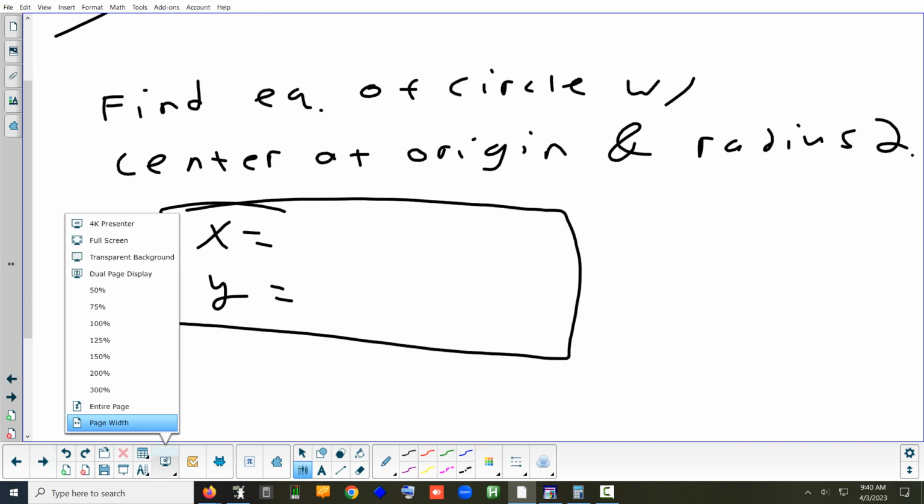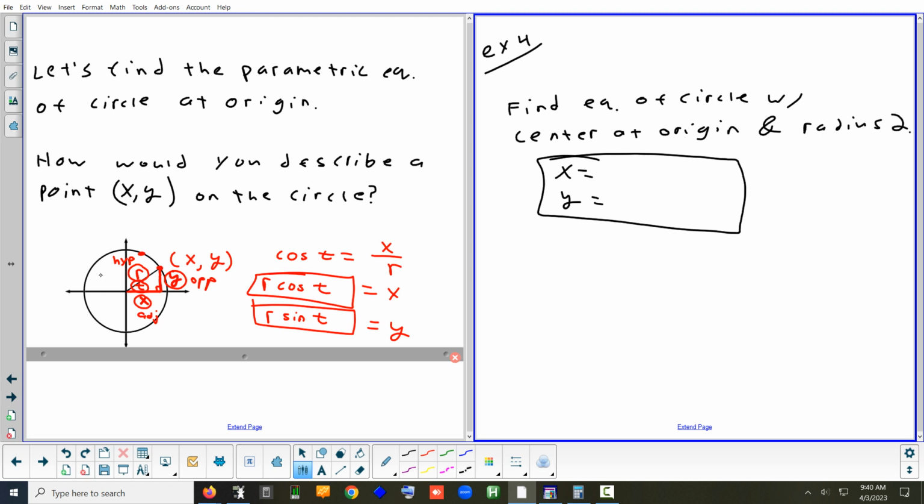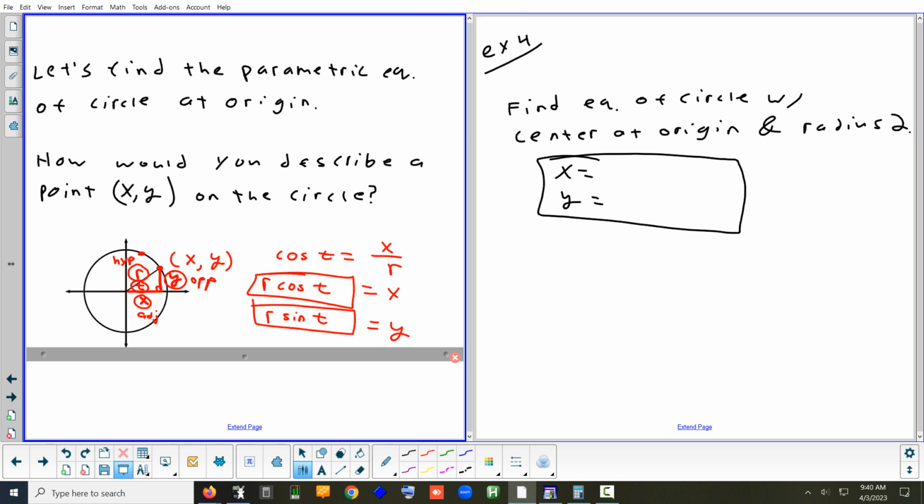So now let's find the equation of a circle with a radius of 2. I want you to take these two formulas and make them specific to having a radius of 2. What would be my x formula if I make the radius 2?